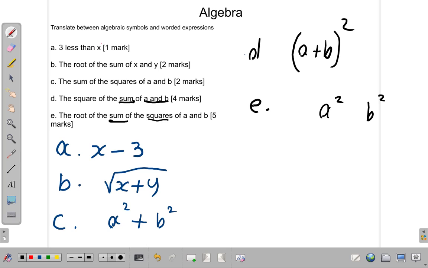We already looked at the square of A and the square of B. The sum of them means you're going to put a plus sign between them. Then the root of all of that, the root of the sum of the squares of A and B, means the square root of all of this. So that's what you have. If you had that, you give yourself 5 marks so that you will get full marks.